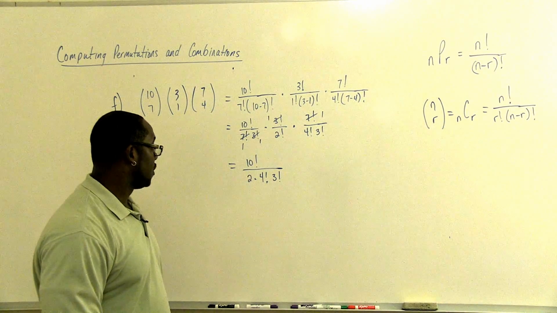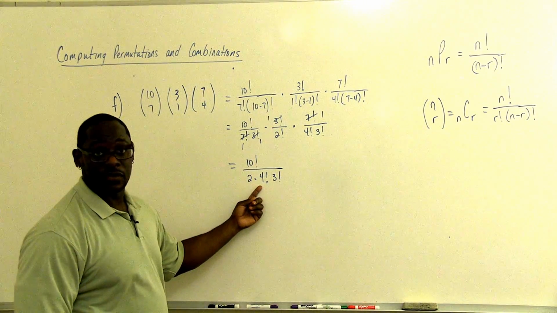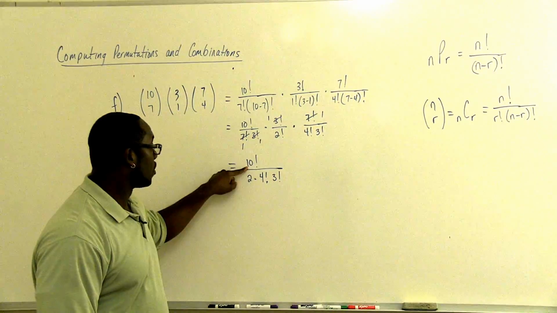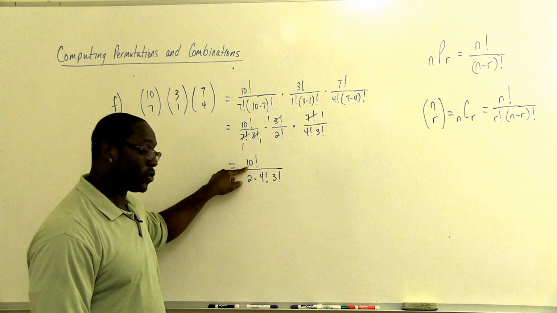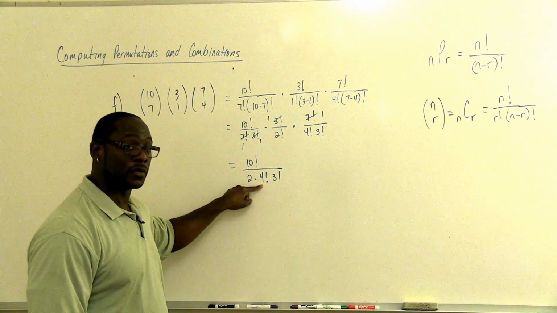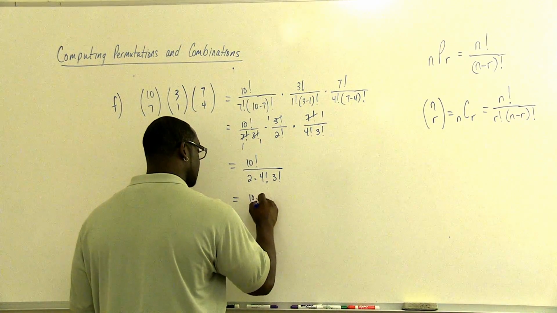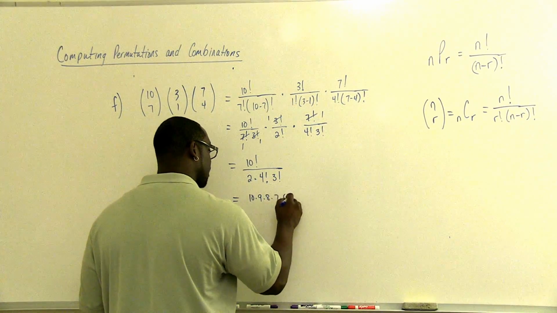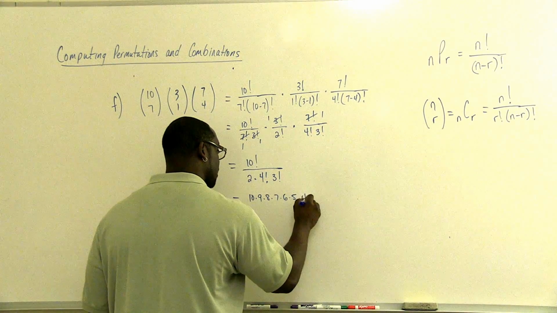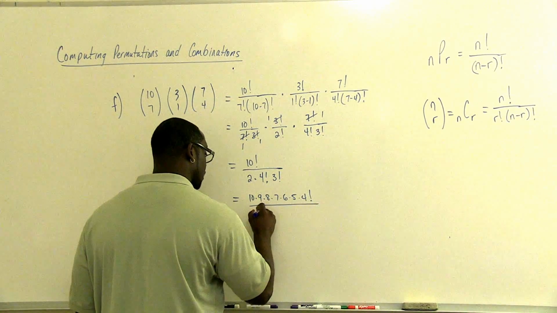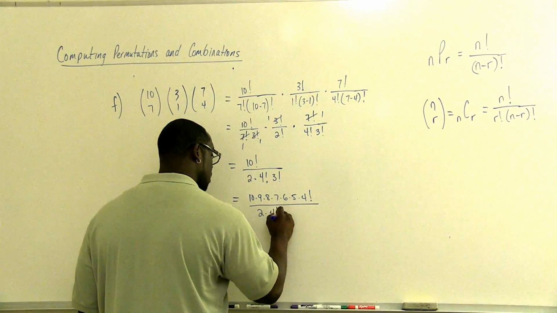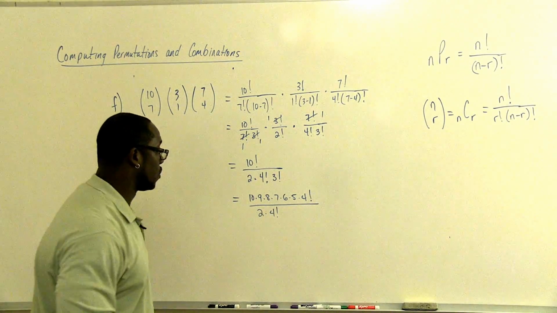And so now we see that the biggest factorial that we have here is 4 factorial, so we want to write down 10 factorial until we get to the 4 factorial. And we'll say 10 times 9 times 8 times 7 times 6 times 5 times 4 factorial times 2. We'll keep that 4 factorial.